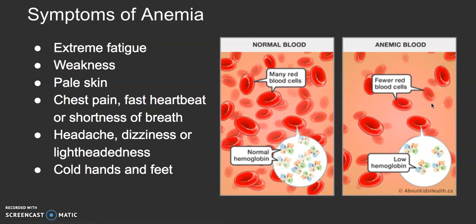The symptoms of anemia include extreme fatigue and weakness because, again, oxygen's not getting to your body, and so it doesn't have the energy to perform cellular respiration. Pale skin, chest pain, so a fast heartbeat, headache, cold hands and feet because you don't have good circulation through all of your body, so your extremities are the most impacted.